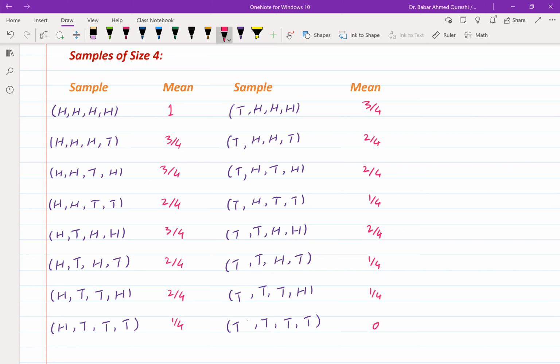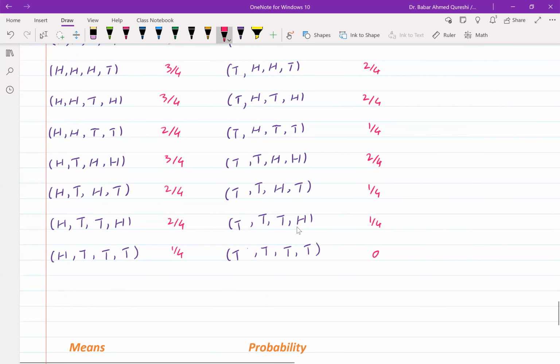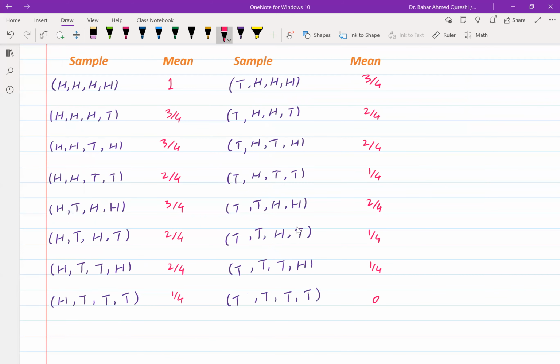Here I have 2 heads. I get 2 by 4. So depending on how many heads, I get these numbers. So I have listed what the possibilities of the mean are. There are only these possibilities. I can get a 1, 3 by 4, 2 by 4, 1 by 4, and a 0.